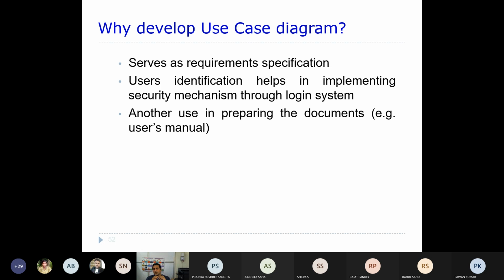Then what can happen? You can provide different access to the use cases. For example, academic related things: let's say there is a user who needs to interact with the accounting package.